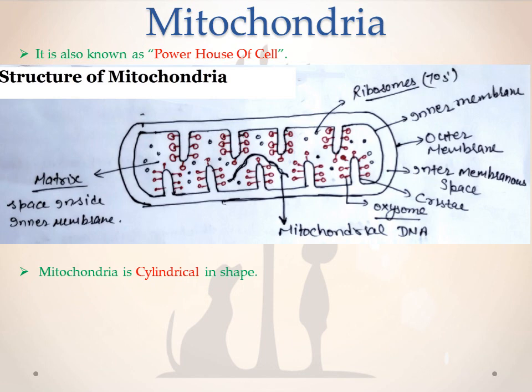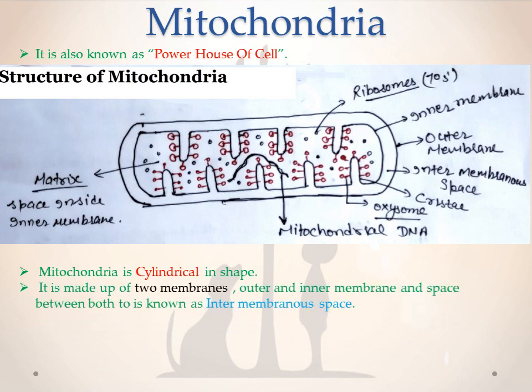So we discussed that mitochondria is cylindrical in shape. It is made up of two membranes, the outer and inner membrane. We already discussed that, and the space between the two is known as intermembranous space. The inner membrane infolds and forms finger-like structures called cristae.